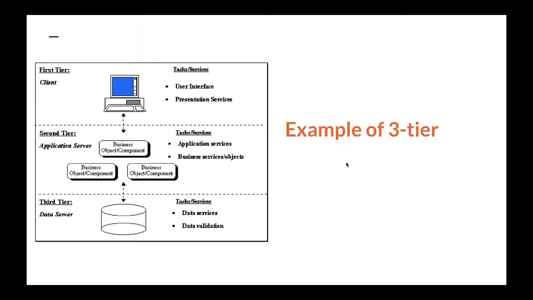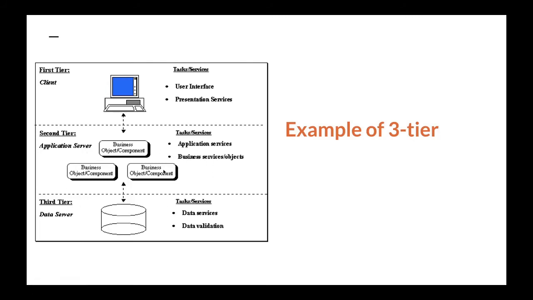Typical example of a 3-tier architecture. First tier is the client or the user interface. Let's consider an example: you are using Outlook. This Outlook that is installed on your system is the first tier, which is the user interface or the presentation layer. Second is the application server. Generally these second and third tiers are on the server side.